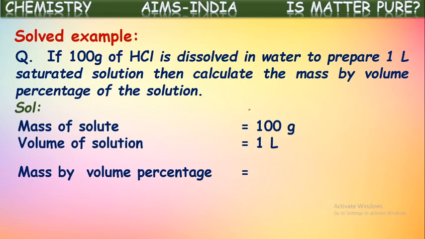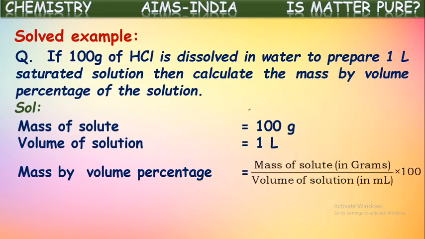The mass by volume percentage formula is mass of solute by volume of solution into 100. If we substitute these values, mass of solute is 100 grams. As we told, these all should be in the same system of units.